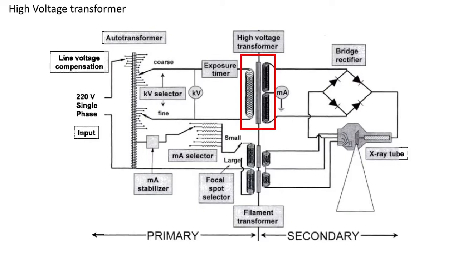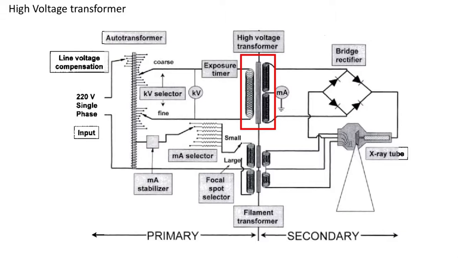We will get into the details of what that factor is later on when we talk about transformers. But the point is, the output of this transformer is going to be high voltage electricity. And this is the current we need to accelerate electrons from our filament all the way to our target.